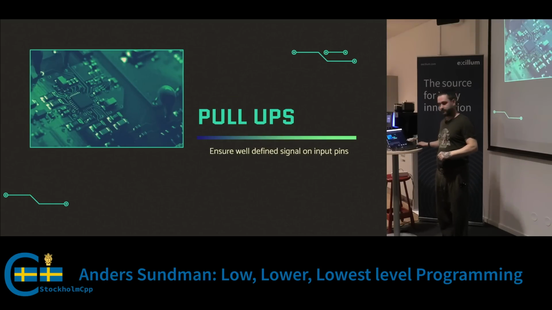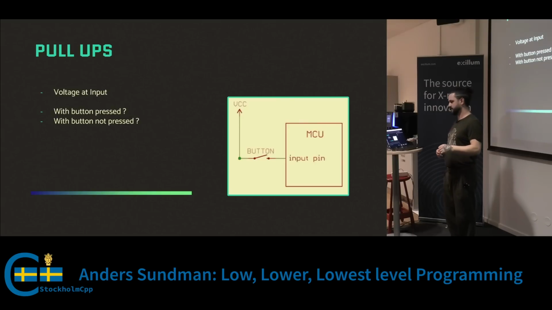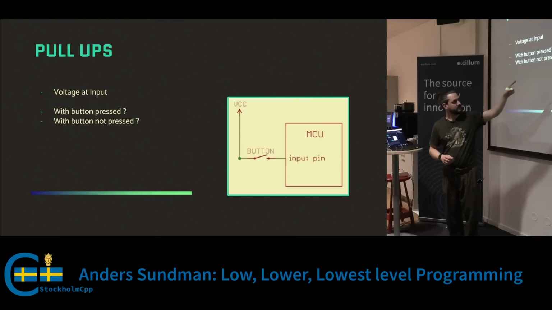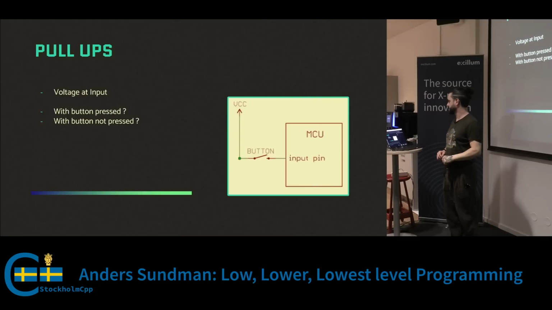If you are starting out your journey with microprocessors, you might build something like this. You have your MCU, your microcontroller unit, a pin, and a button. You connect VCC or VDD, which is the same thing, the positive supply voltage, to the button, and then you want to count how many times you push the button.